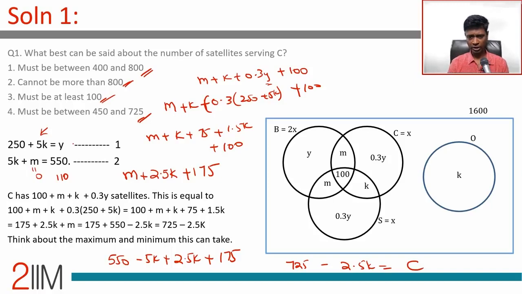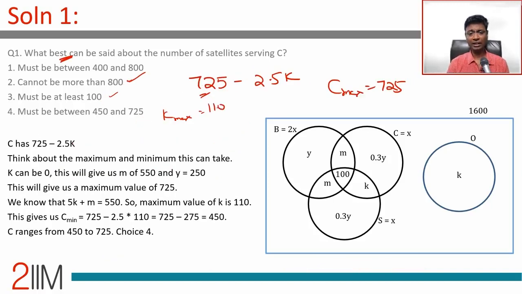That is a possibility. 2.5 into 110 is 275. So C minimum is 725 minus 275, which is 450. The minimum value C can take is 450, maximum is 725.